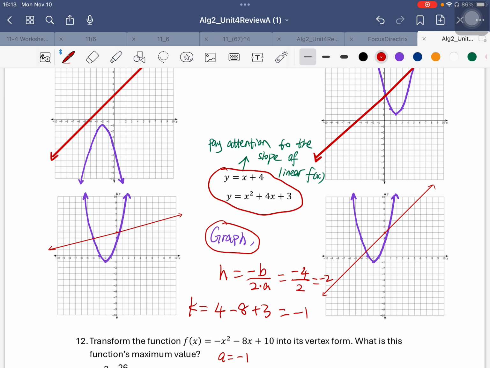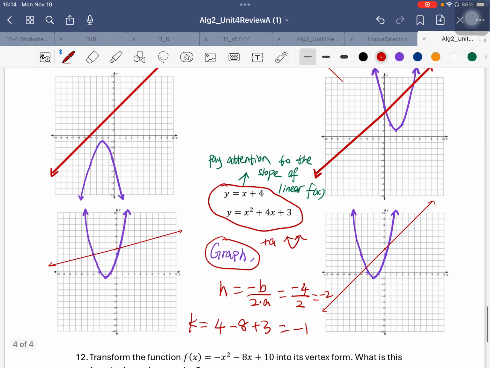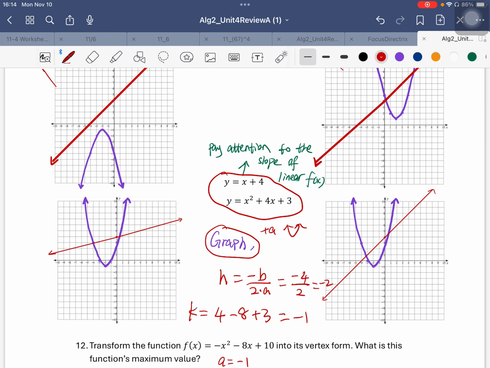Now, the a is positive. Positive a, smiling face, is facing up. So A is not correct. Now we're looking for the slope of the linear function. The slope of the linear function is just 1. And the y-intercepts for the linear functions are all 4, so don't worry about the y-intercept.